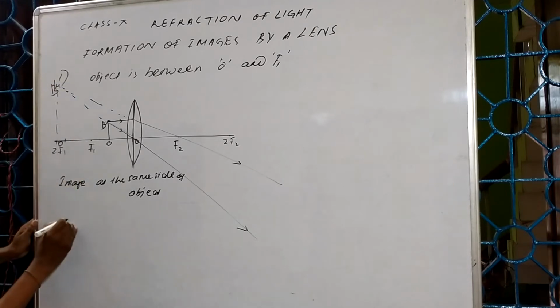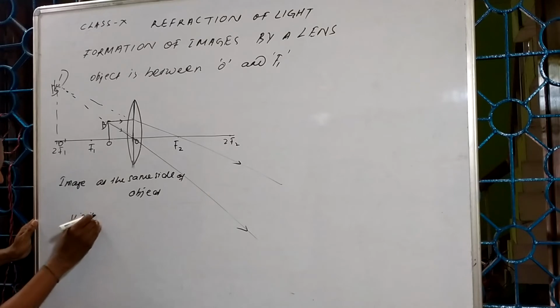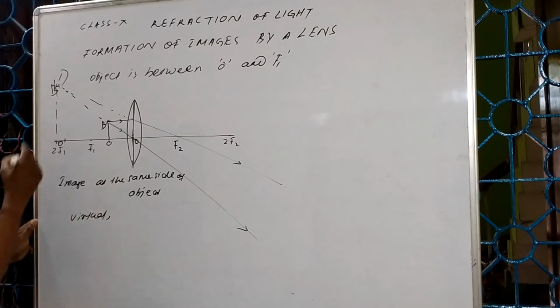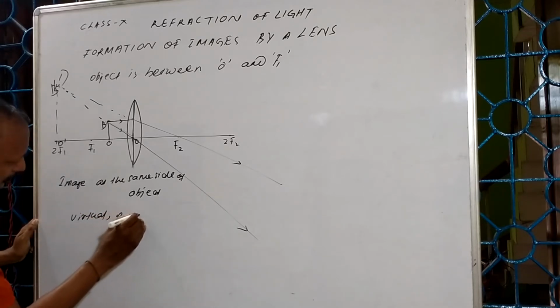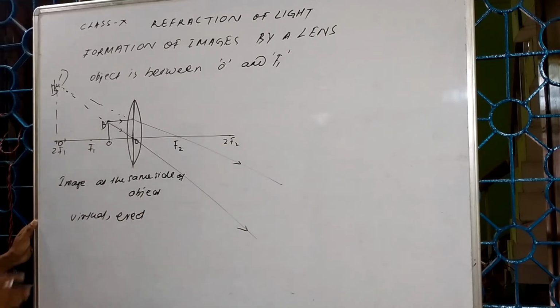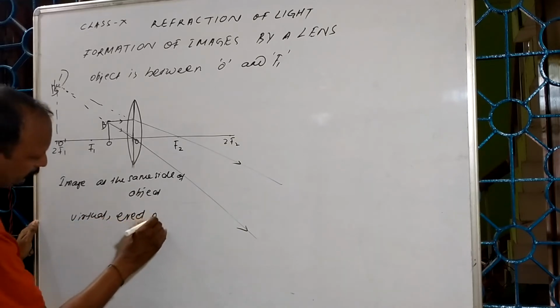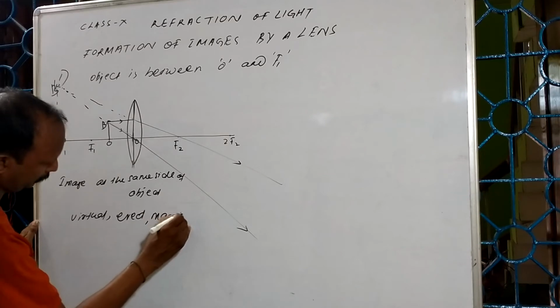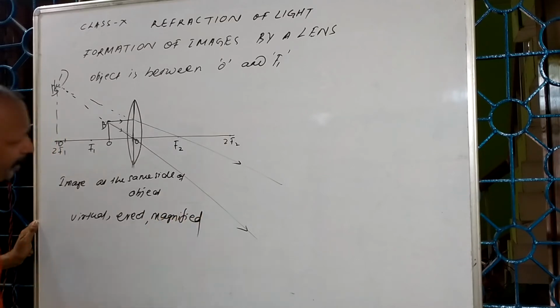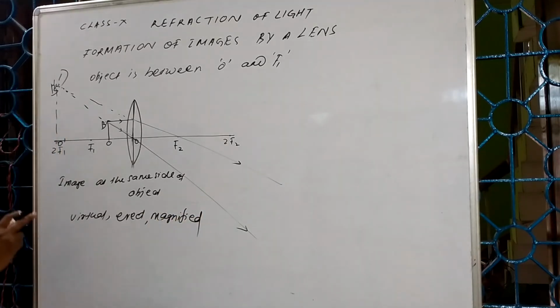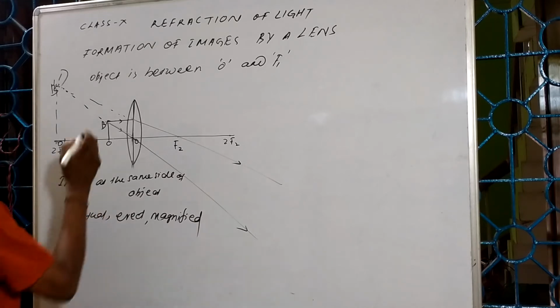Second thing is that it is virtual, erect and magnified. So this is the image formation by a convex lens.